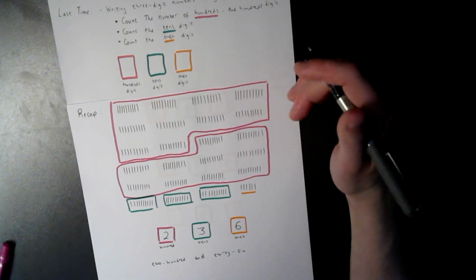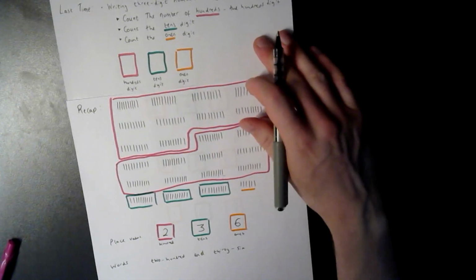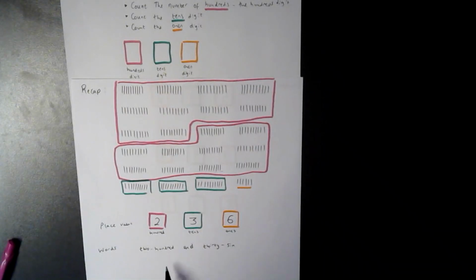Now, that's what we've got so far. We've got the number in place value, and we've got the number in words. And these two are linked. The 2 comes up there, 3 corresponds to the 30, the 6 corresponds to the 6.